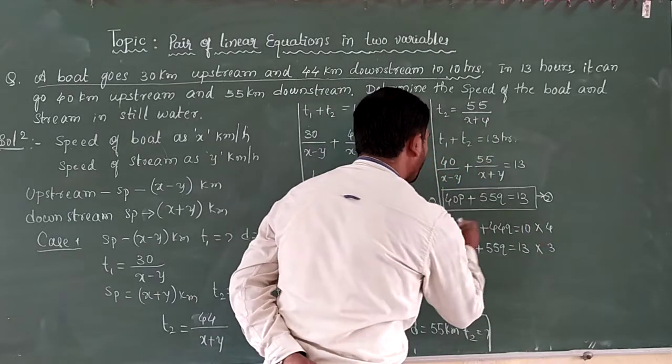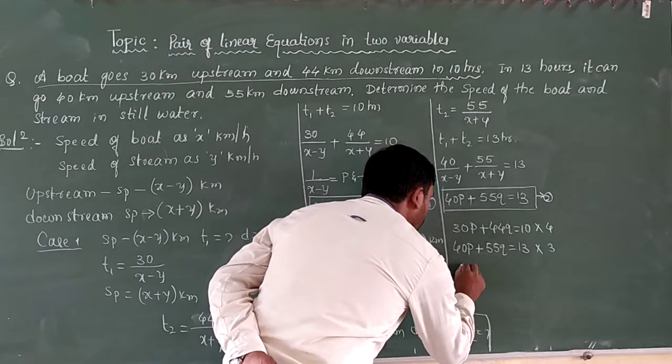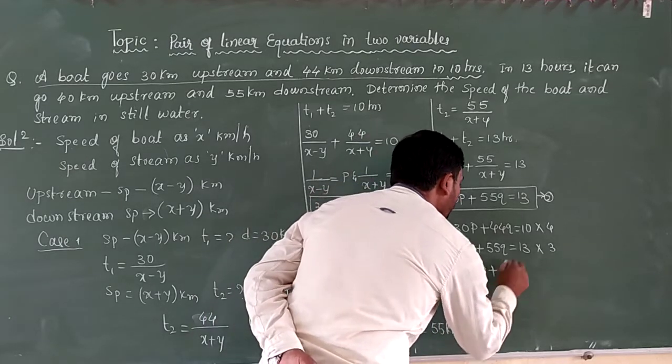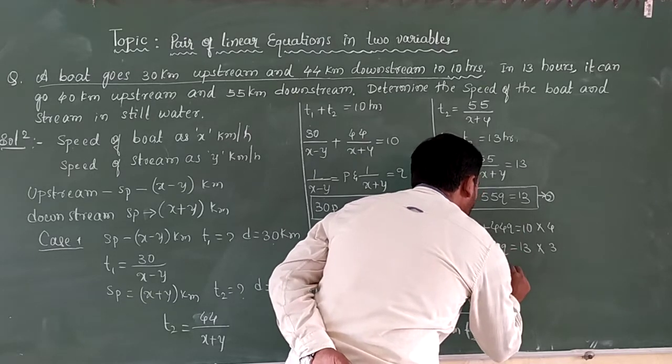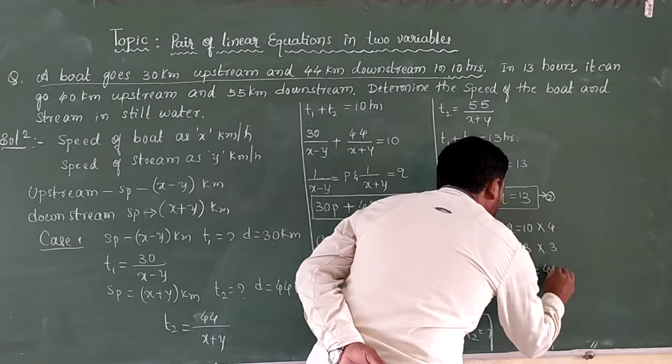So it becomes 4 3s are 12, 30 4s are 120. It becomes 120p plus 44 4s are 176q is equal to 40.